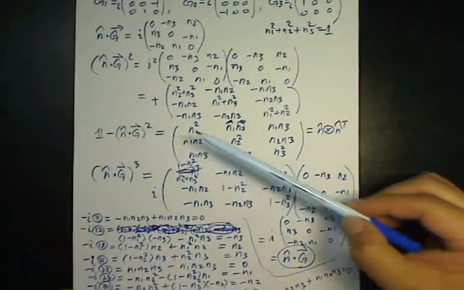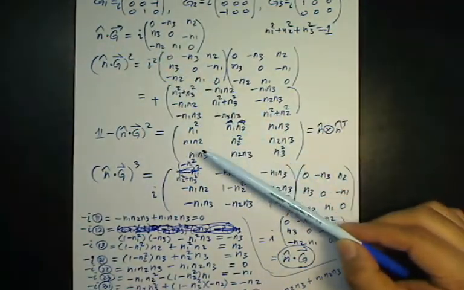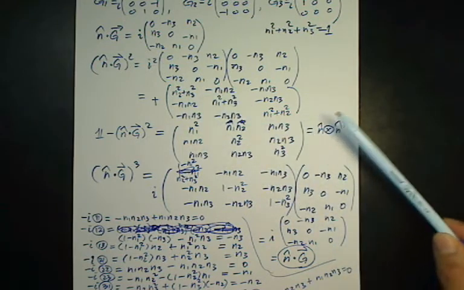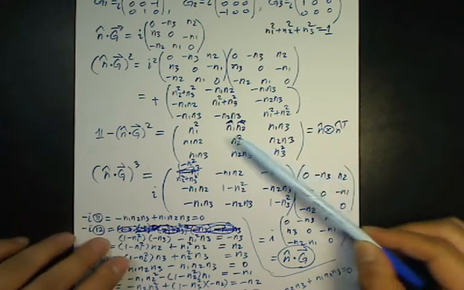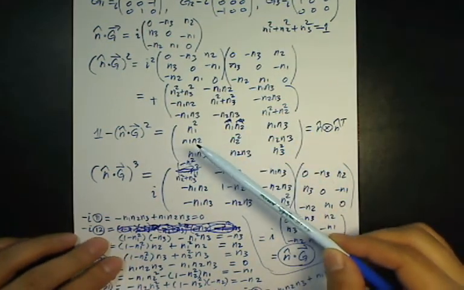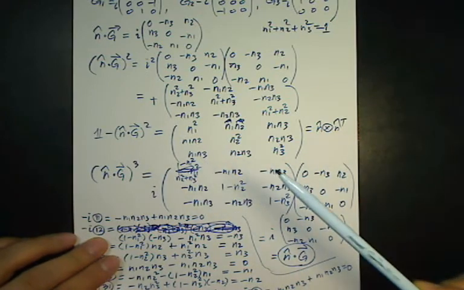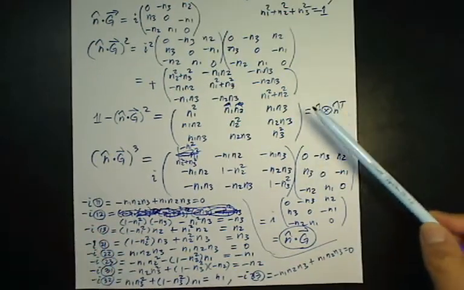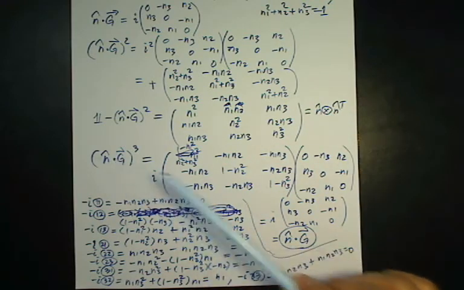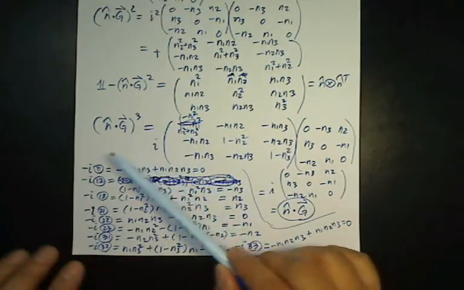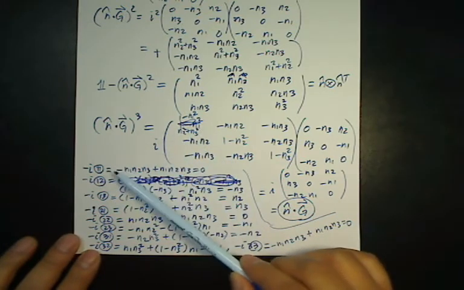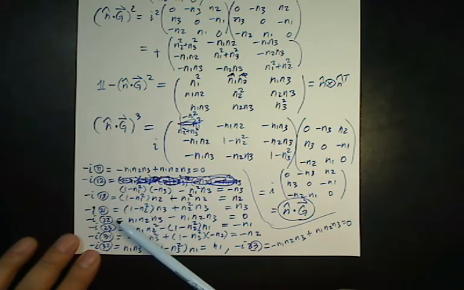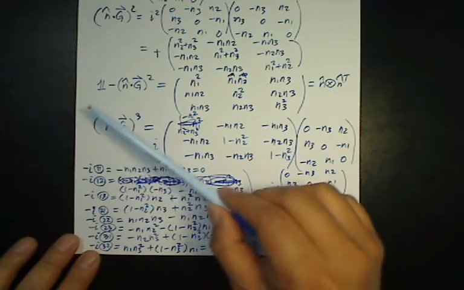So 1 minus this squared value is just the direct product of n and n, with elements 11, 12, 13, 21, 22, 23, 31, 32, 33, right? This direct product. It is a little bit of a tedious job. I have computed all the ij elements and substituted the result. We find this power.